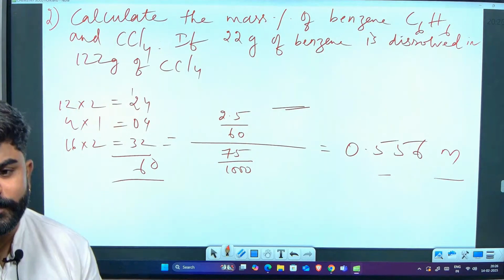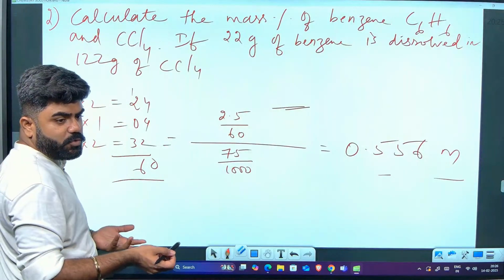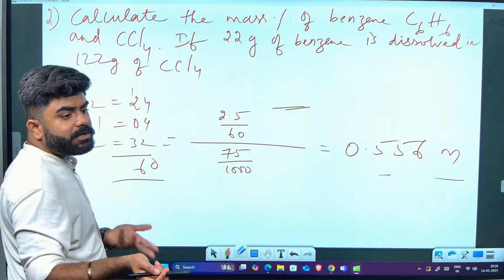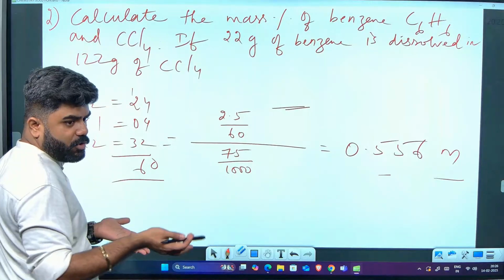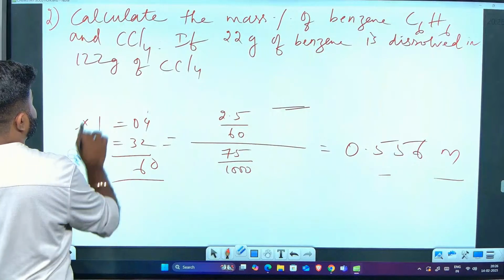I have given you the formula. What is the formula? Mass percentage is equal to mass of the component divided by total mass of the components, into 100. Do it.